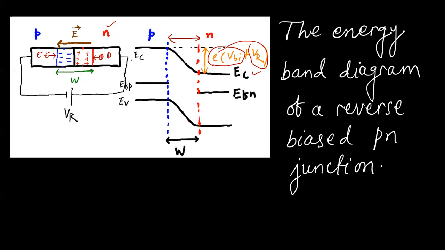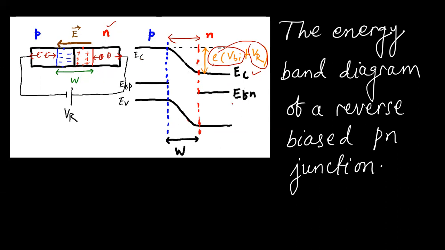So that is the minority charge carrier flow. But what will happen to the majority charge carriers? They will be dragged toward these terminals, the holes and the electrons in this case. So the depletion width actually increases.